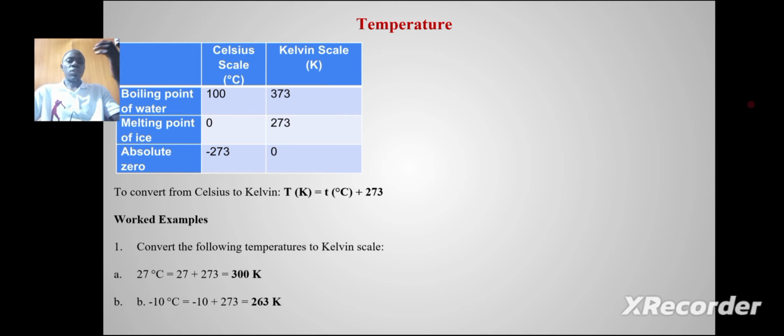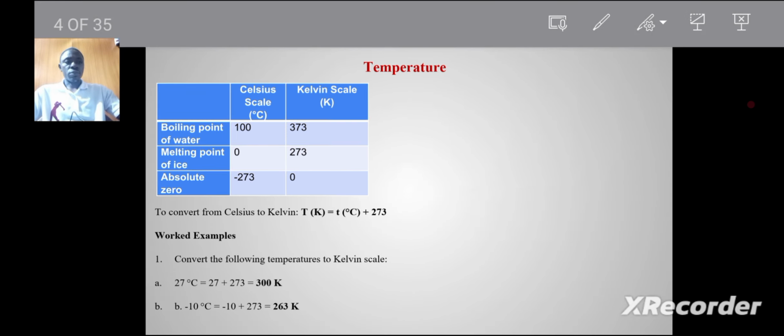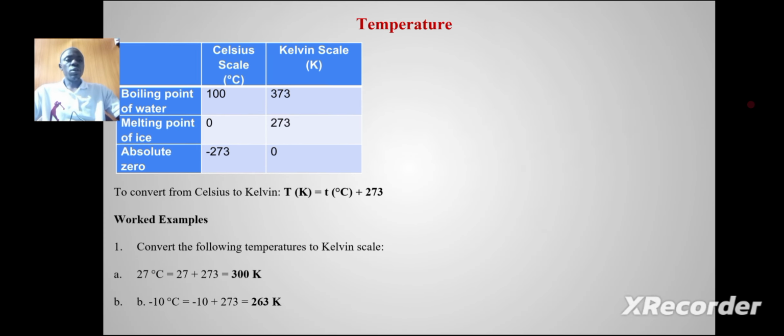So it has been converted from the Celsius scale to the Kelvin scale. And then the other one is minus 10 degrees Celsius. As usual, add 273 to it, and then you get the Kelvin temperature, which in this case is 263 Kelvin. Okay, very well. Let's move on.